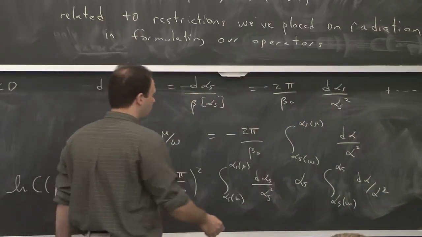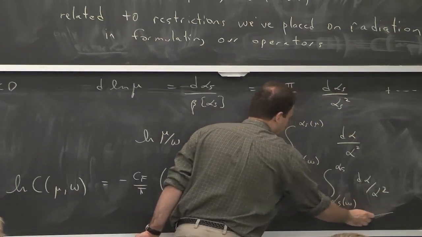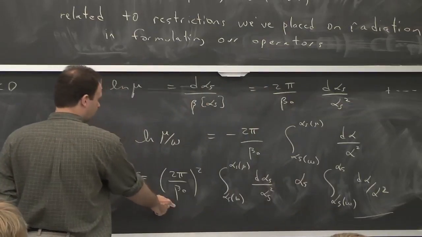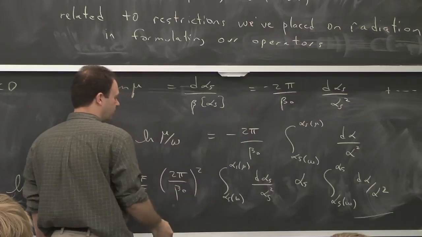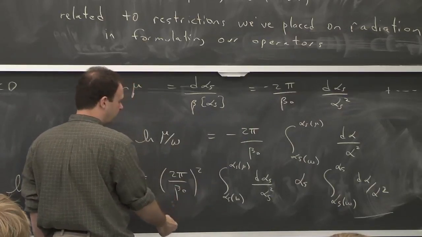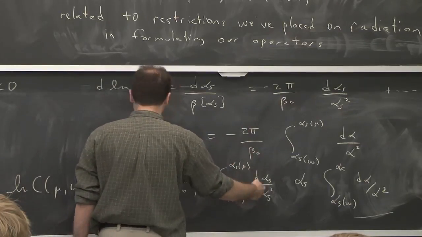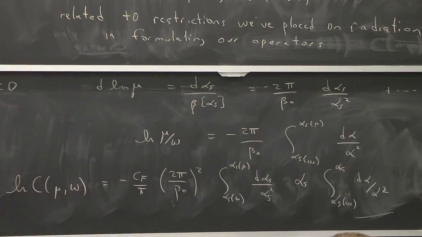OK, so the log became this thing. And then one of these factors, there's a minus sign, but then when I use this formula twice, the minus sign goes away, and I get two of those factors. This is the other measure here from the explicit d log mu.